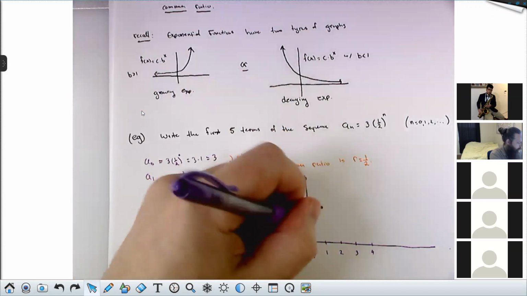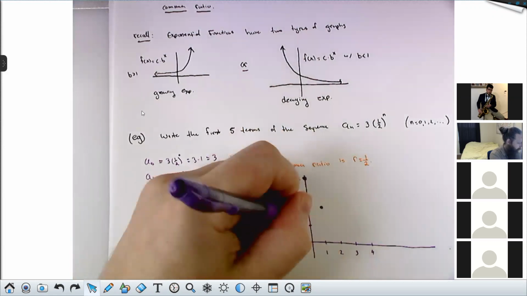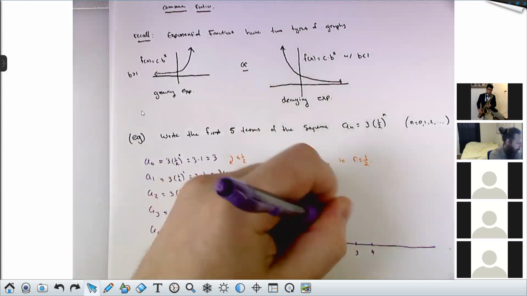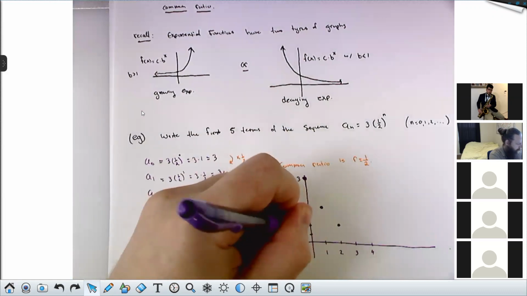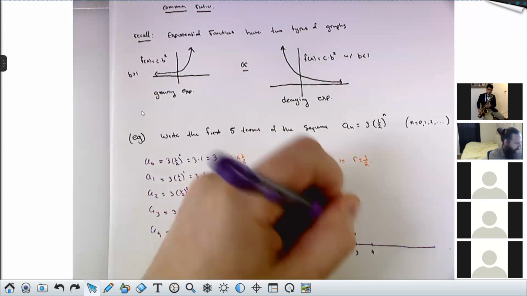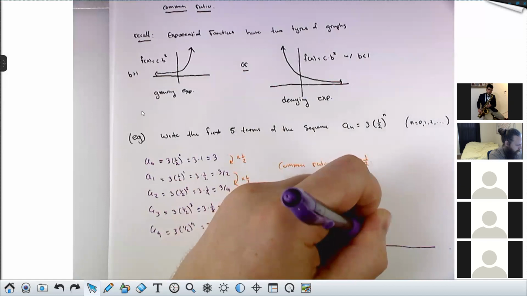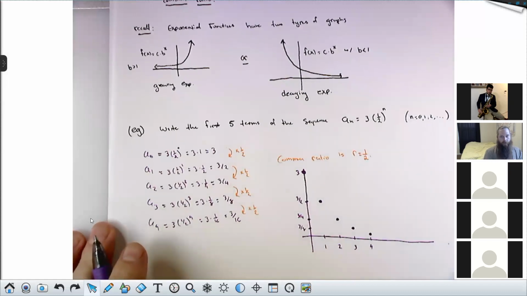A2 is 3/4, which is 0.75. A3 was 3/8, and I'm already running out of space. A4 was 3/16. And you can see that this graph looks like dots along a graph like this, right? Really just the part from 0 onward.